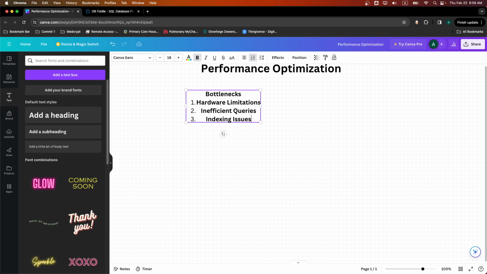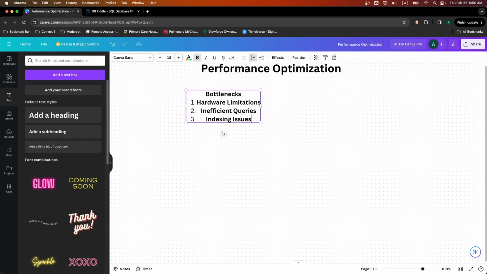If you are missing indexes, that's definitely a very common reason that you're going to see very slow performance. Missing indexes is going to force the database to scan a large amount of data sequentially, and that's going to impact the performance.